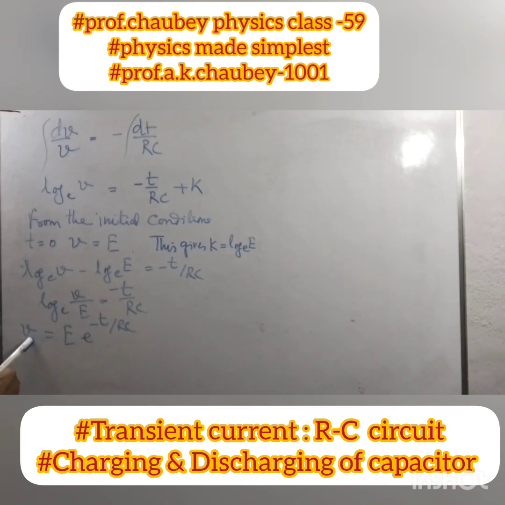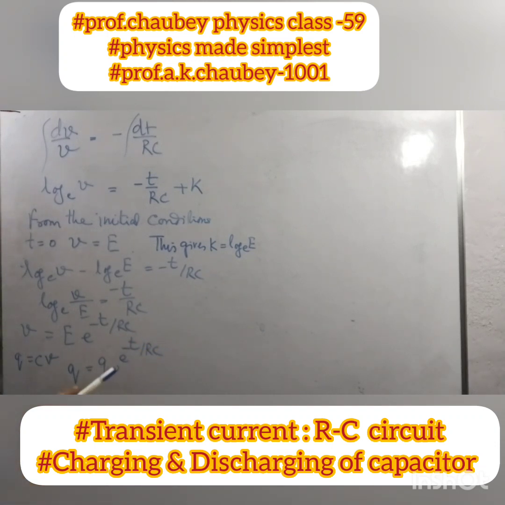So we know now, in terms of charge, Q is equal to CV, that is V is potential. So we can write here V is equal to Q over C. And there is also Q naught, that is the maximum charge. So Q is equal to Q naught e to the power minus t over RC.